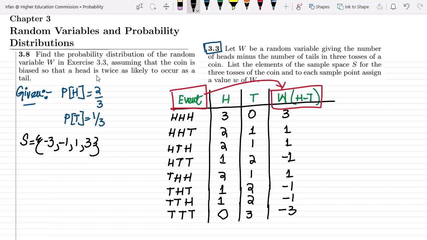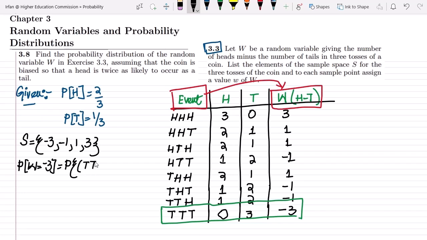Now, in order to find the probability of these events, what do we have to do? We have to find the probability of w equal to -3. What are the events which occur here? This is the event where I have to find the probability of tail, tail, tail. How many items do we have here for -3?